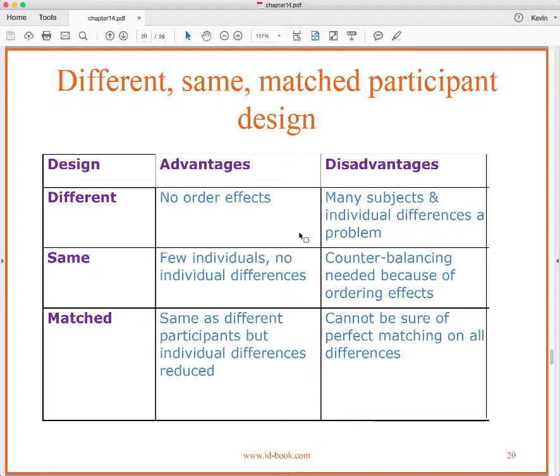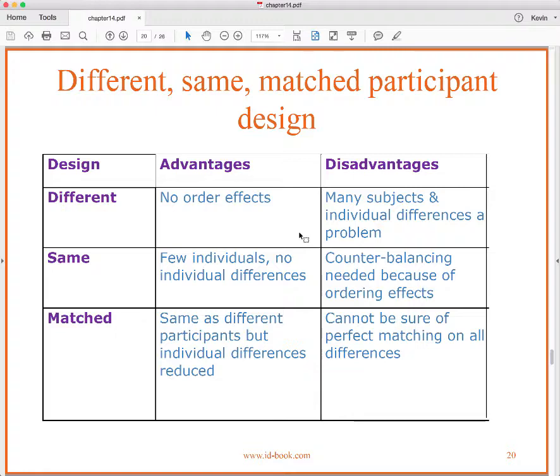Well, the different design, there are no order effects. That's one of the advantages. The disadvantages are the many subjects and the different individual preferences is a problem. With the same design, few individuals, no individual differences.